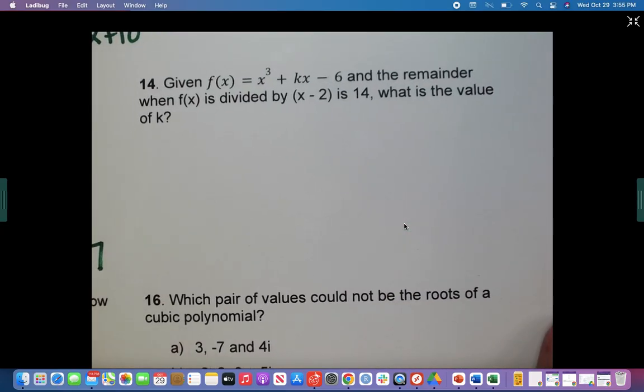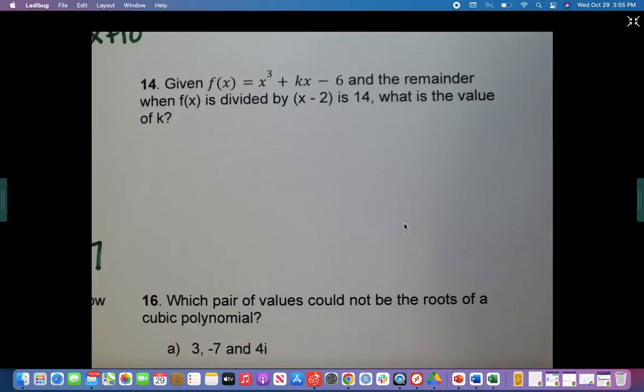14. Given f of x, the remainder of f of x when it's divided by x minus 2 is 14. What is the value of k? So this is another slider question.